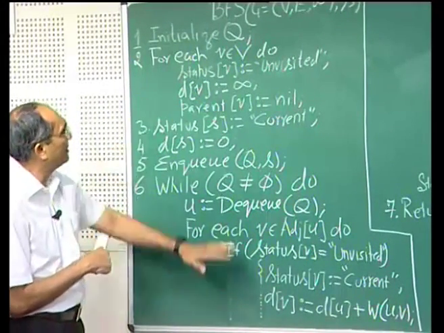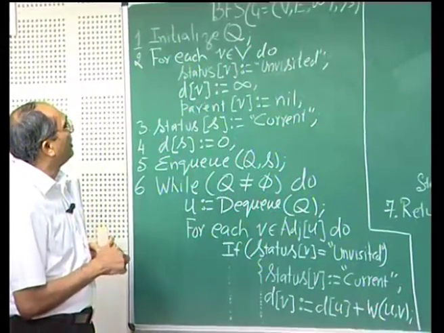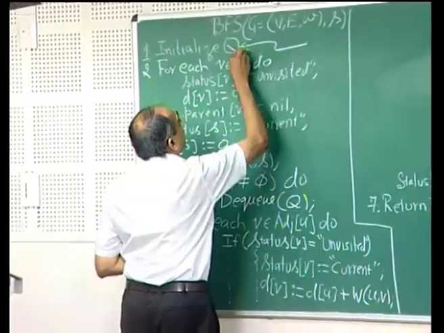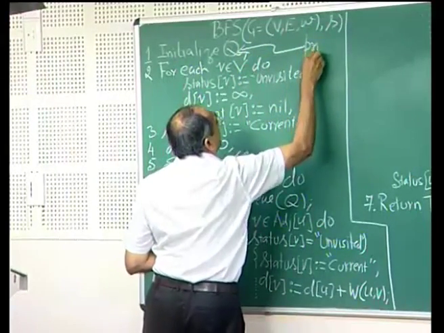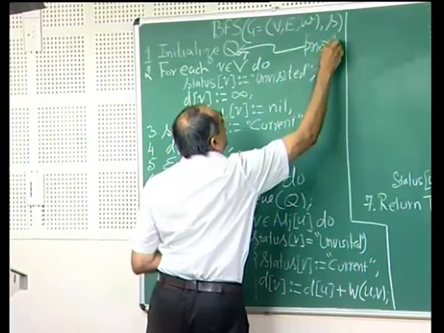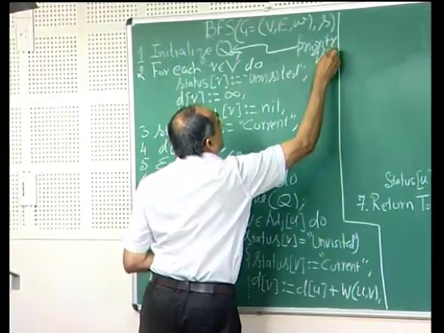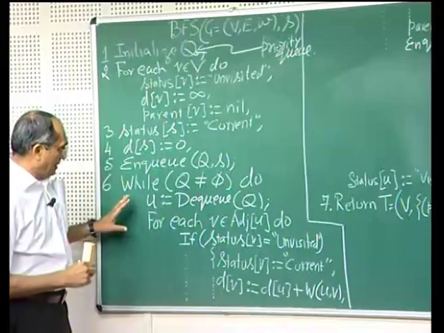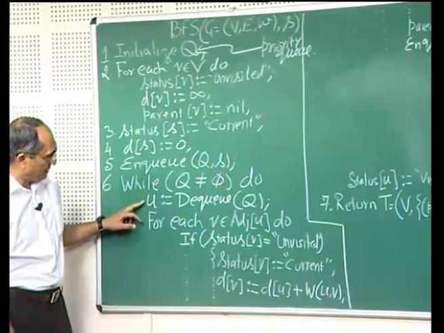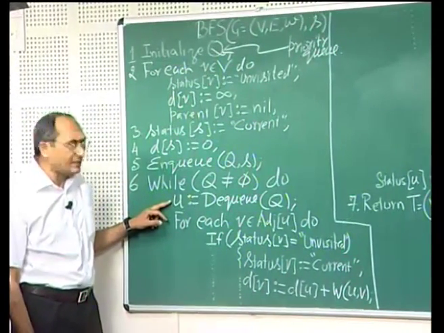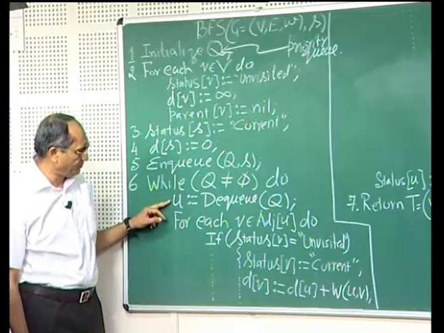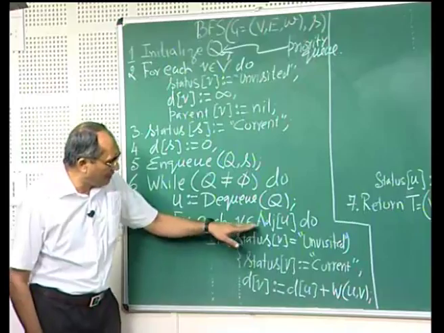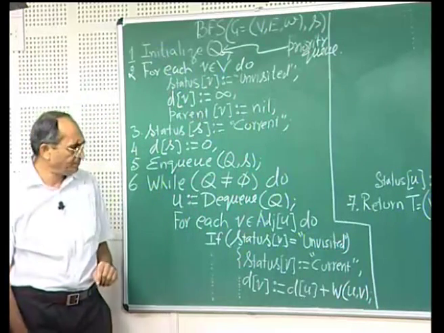It is exactly the same. But now I am going to say that this is a priority queue. And now if you notice here, we extract the vertex with the least d value from the queue and visit all its neighbors.